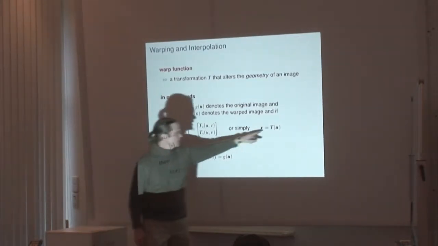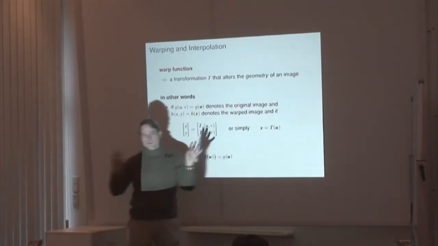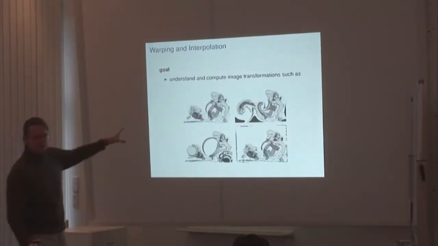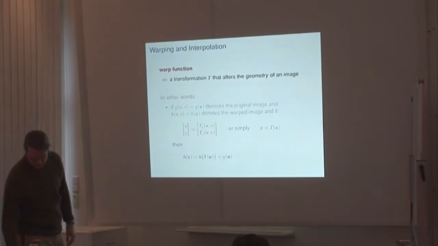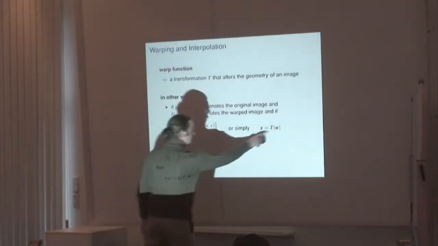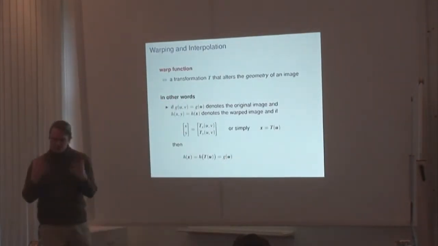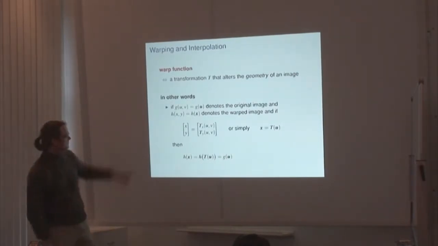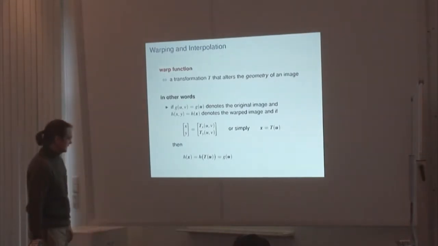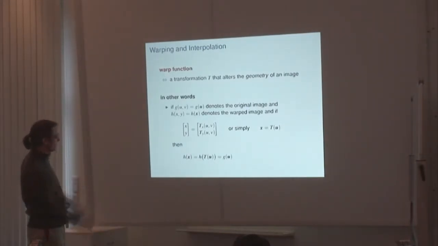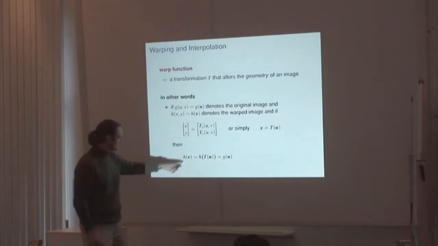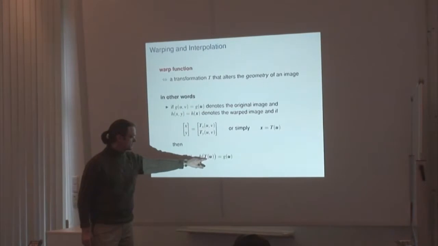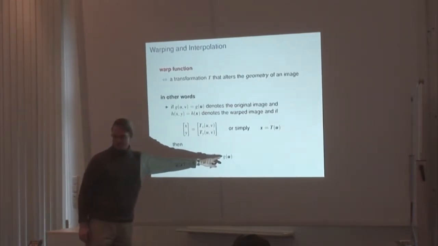And this is not a matrix vector multiplication. Those can be crazy transformations. Look, these are highly nonlinear transformations, right? So this is not matrix vector multiplication, but it is a function T that we apply to the coordinates u of the given image g. Then, what a warp function does is it produces an image h of x simply by doing something to the coordinates u of an image g.